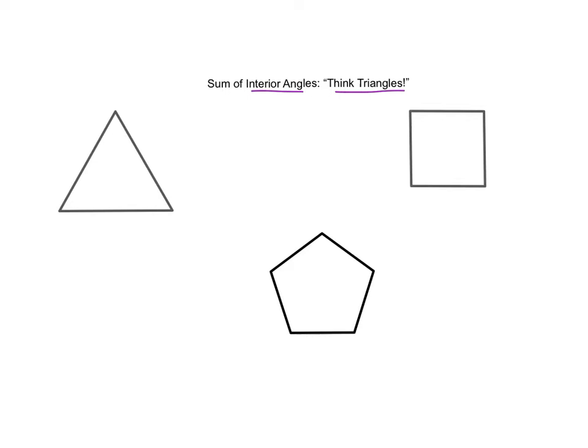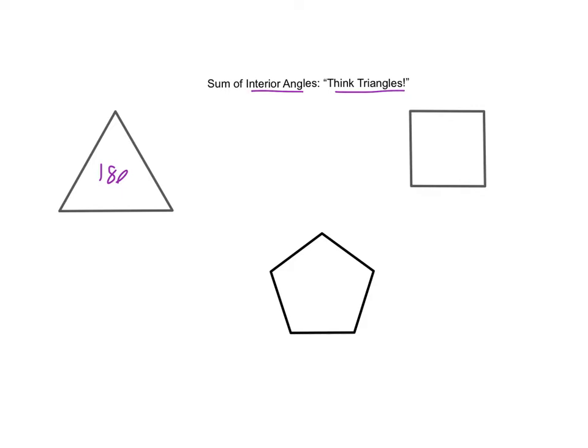So for interior angles, we've been working with triangles for a while. And triangles, we know, have an interior angle measurement of 180 degrees. Squares, you might also know, have a measurement of 360 degrees, because each of these are right angles of 90 degrees, and 90 plus 90 plus 90 plus 90 is 360.